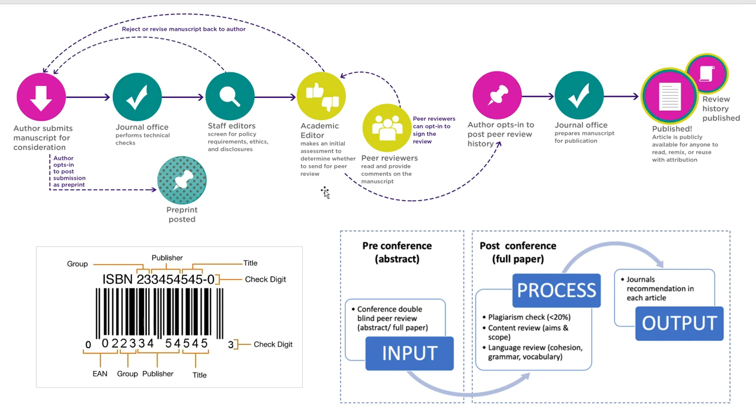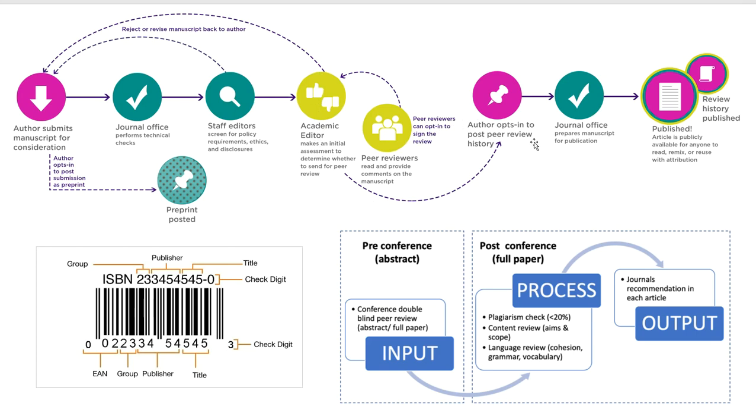It is verified thoroughly, then the author is given the option to post the review history. If the paper goes to review, it is checked completely whether the article was submitted to this journal or any other platform. If it appears in a database somewhere else, it is automatically rejected. Later, once the peer review process is done, the output goes to the author.